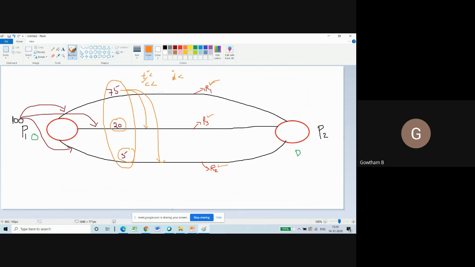That is why it is very important to know how much traffic a particular road is used by. Based on that, you can work out many other aspects involved in urban transportation planning. Here, out of 100 traffic, 75 is assigned to route number 1, 20 to route number 3, and 5 to route number 2.